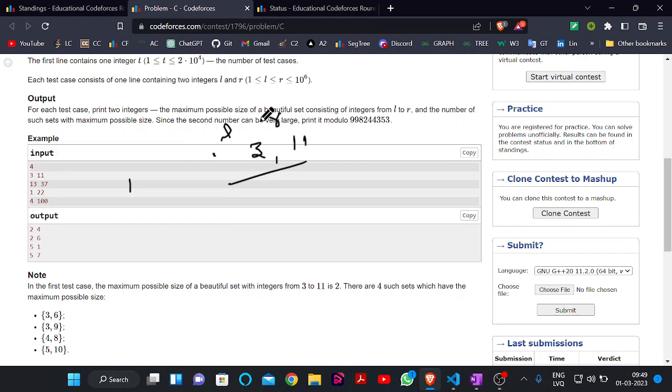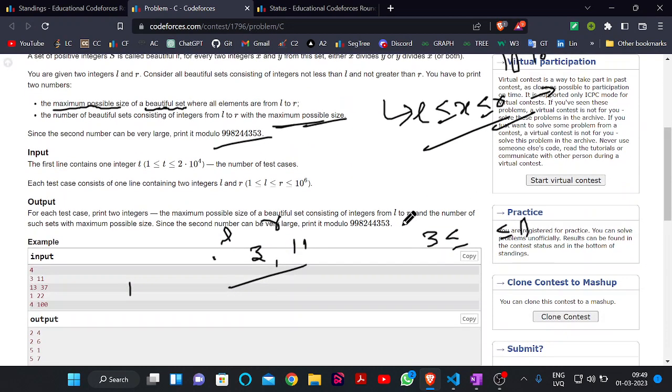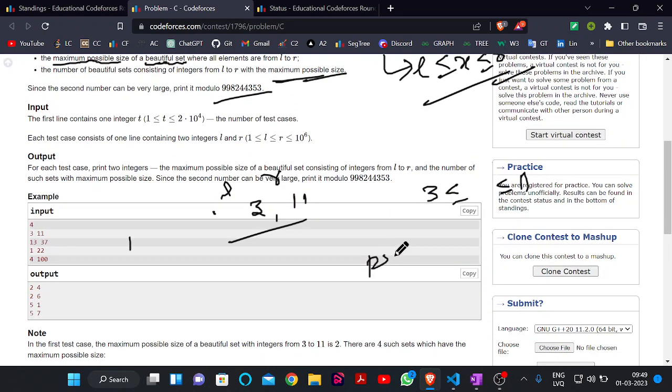this is L, this is R, and integers can be in between 3 to 11. Then what do we want? We want to choose such integers for which these conditions hold. Just think that this is x, this is y. If x is less than y, then y should be a multiple of x.